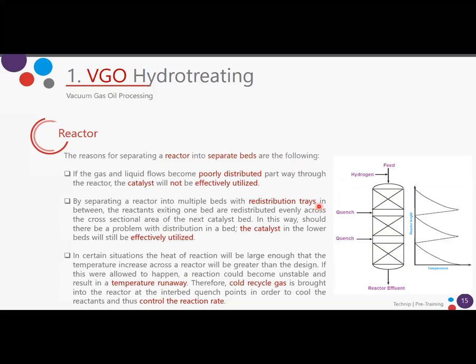Of course, here you don't see the mechanical details of these trays and how the quench enters, but you will see that in other sessions when you study the operating manual and the data sheet of this equipment, the special pieces of equipment used to mix the quench with the outlet of the catalyst of this bed, and then redistribute it to have an equal flow to the following bed.